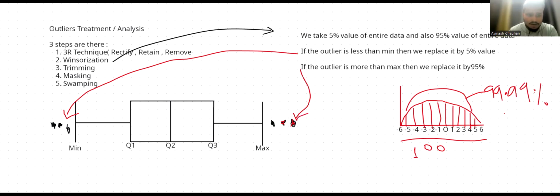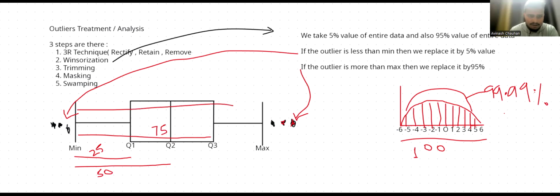If you could recall, from here to here, what is there? It is 25. From here to here, it's 50. From here to here, it's 75. And ultimately, if we take from here to here, it's 100.